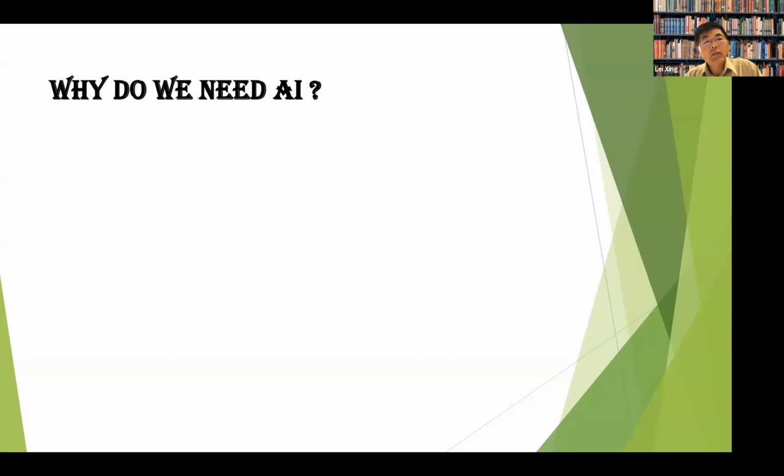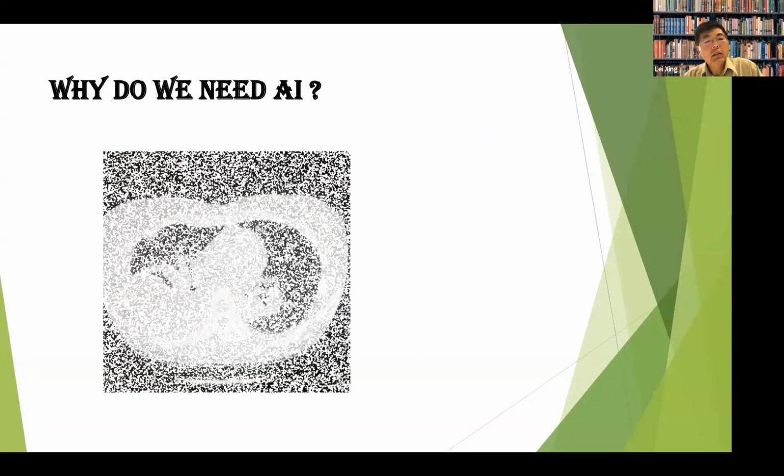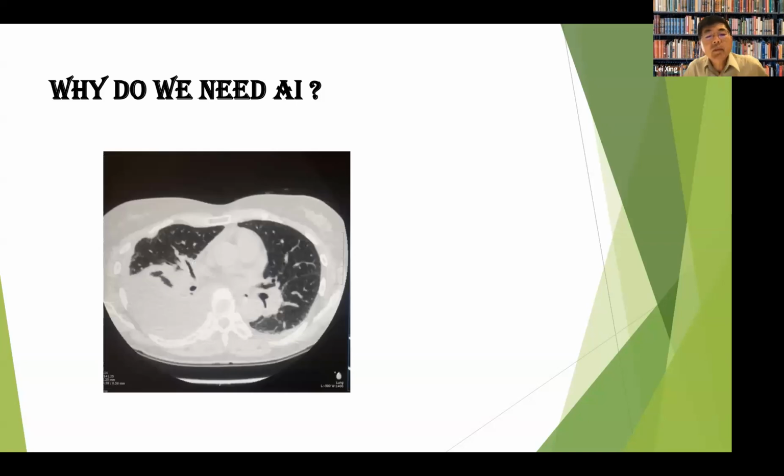So before I talk about the AI, let's see. What you're seeing here is a patient. Actually, it's a lung cancer. You can see that almost half of the lung is a tumor.